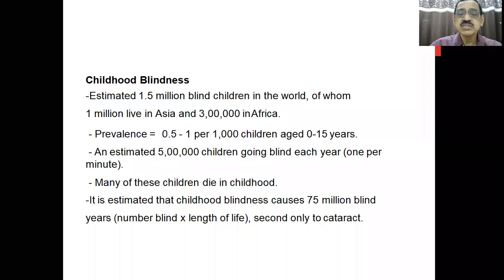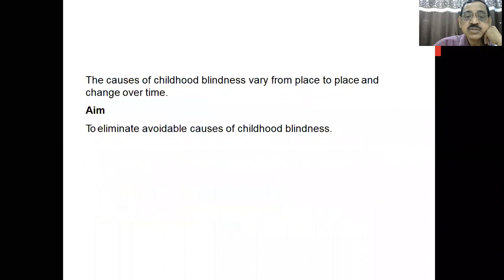Okay. So it is estimated that blindness causes about 75 million blind years. Blind years are calculated by the number of blind multiplied by the length of life, and it is definitely second to cataract. The causes of childhood blindness vary from place to place and change over time.